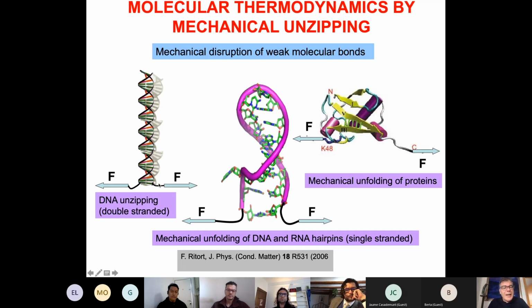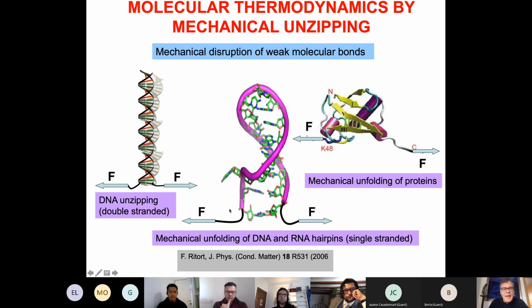Basically, what you can do is you can apply force to any molecule and break molecular interactions. For example, you can unzip DNA by pulling apart the two complementary strands in a double helix. You can also unzip RNA that is forming a folded structure, okay? But here is a double-stranded nucleic acid. Here is a single-stranded nucleic acid.